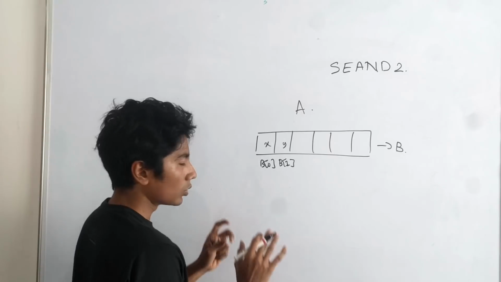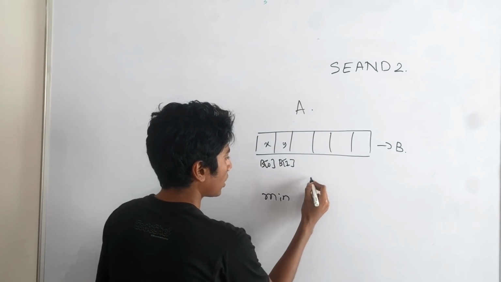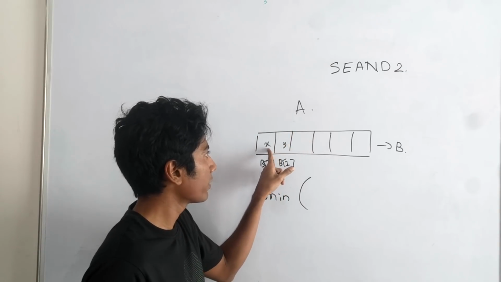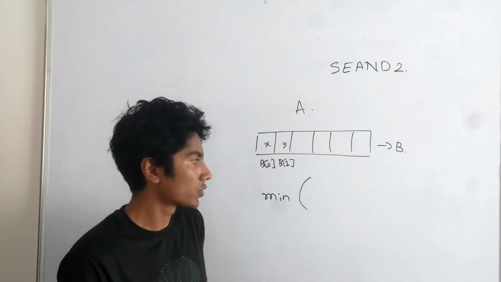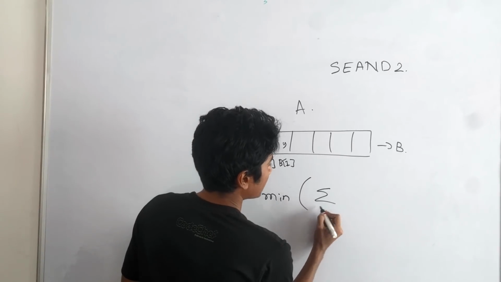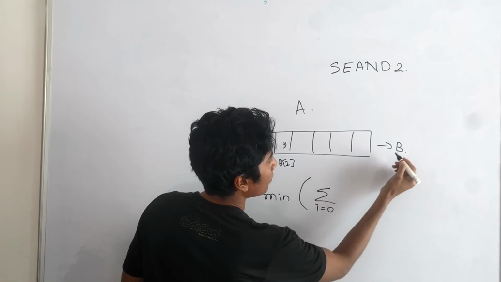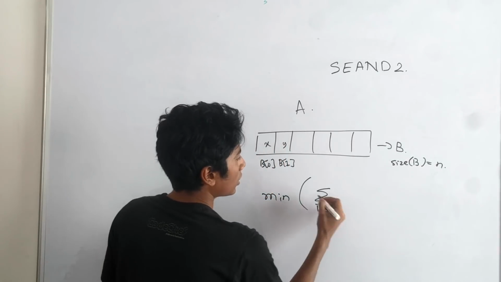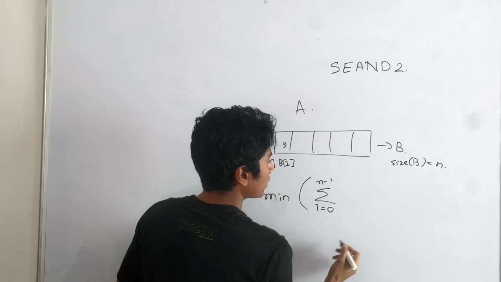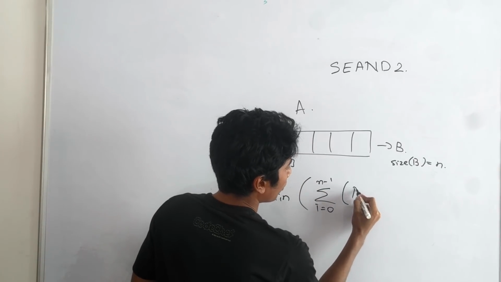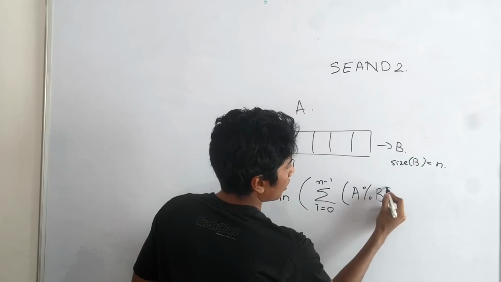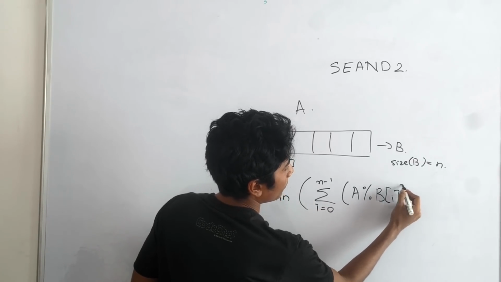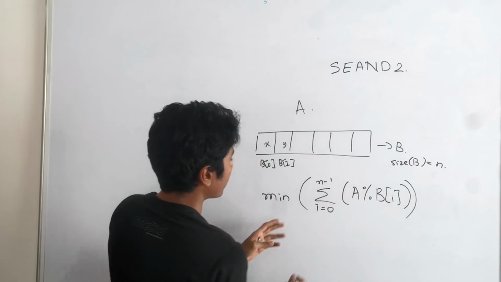Your job is to minimize the sum of all remainders that you get from A after dividing with all the numbers in B. Mathematically, for all numbers in B, let's say the size of B is equal to n, so i equal to 0 to n minus 1, you need to find the remainders of A when divided by B of i. And you need to minimize that.